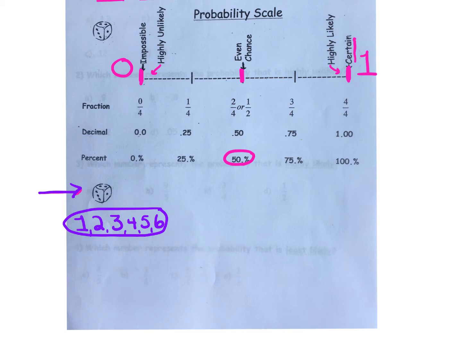Let's try some problems. Write down problem number 1. What's the probability of rolling a 4 or a 5 on a single roll? Well, we know there are 6 possible outcomes, and if a 4 or a 5 is a success, that means 2 out of 6, which reduces down to a 1/3 chance.